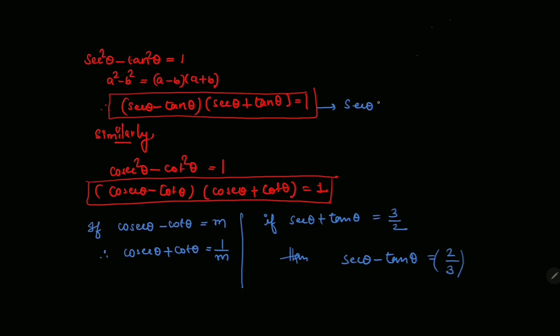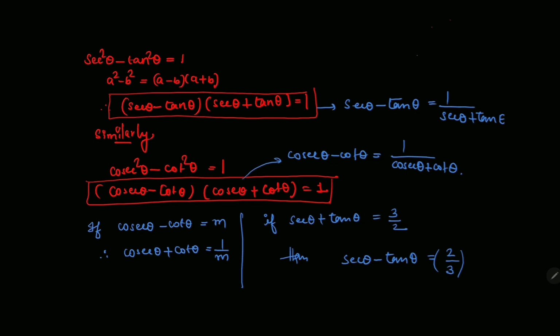I can write sec theta minus tan theta equals 1 upon sec theta plus tan theta. So these both are reciprocals. Also cosec theta minus cot theta equals 1 upon cosec theta plus cot theta. If cosec theta minus cot theta is m, then cosec plus cot is 1 upon m. Sec plus tan is 3 by 2, then sec minus tan is 2 by 3.